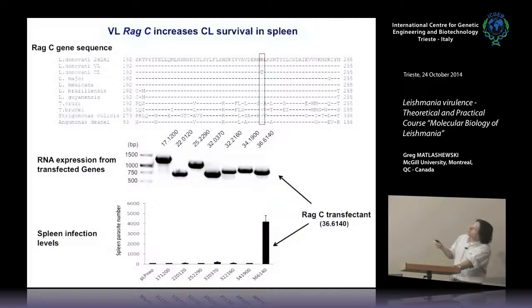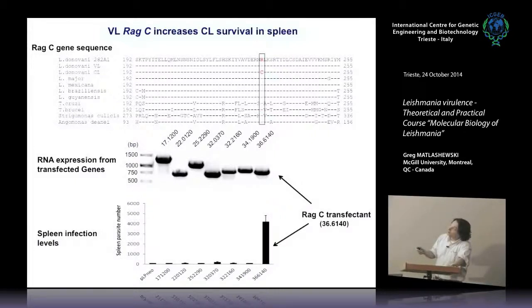And you could see in the wild type L. donovani, it was an arginine. It was an arginine in the visceral, and it switched to a cysteine in the cutaneous form, and everywhere else it was an arginine. So this is one way of maybe looking for important SNPs. And so these were a number of other genes that had SNPs that we thought were interesting.